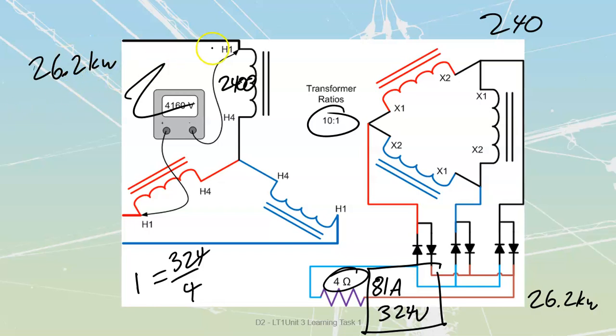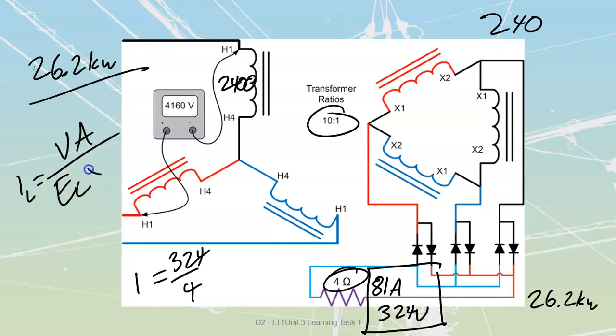Let's just finish up here on this high side, and then we'll go back to the other calculations. If this is 26.2 kilowatts over here, I know that I can find my I line. It's equal to my VA divided by my E line times root 3 over there. So I'm going to take this 26.2 kilowatts, put that in as my VA, divided by my E line. My line voltage on my high side was 4160 times root 3.